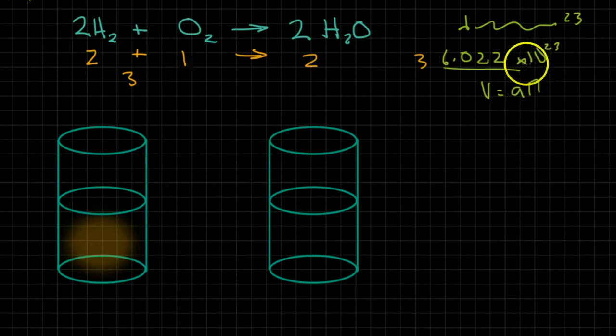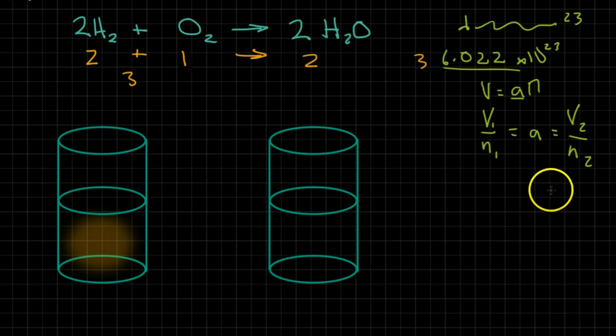So if A is constant, then I can say V over N equals A, and this could be my V1 and my N1, right? And I could say that's got to be equal to the volume 2 over N2.